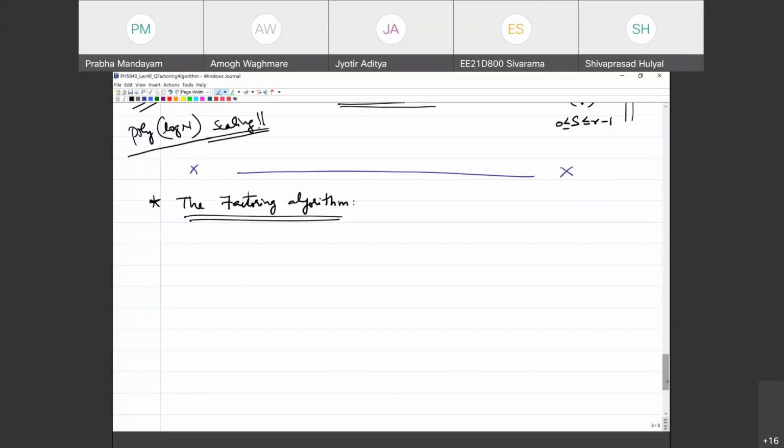So let me just state the problem: given some positive integer n, find its prime factors.